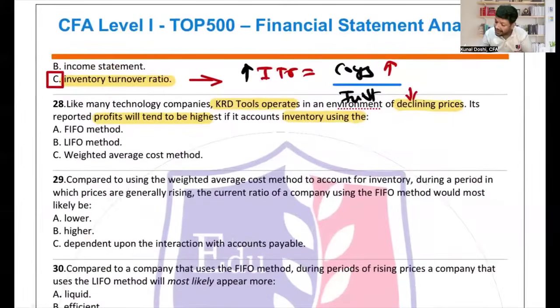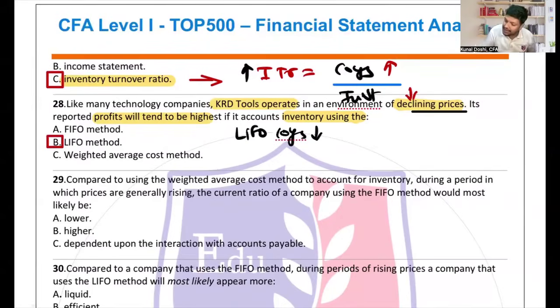So when the prices are rising, LIFO COGS are highest. But here they are saying prices are falling. So first of all, I want to know where on this planet Earth prices are falling. But still, since prices are falling, LIFO COGS will be the lowest, isn't it? So therefore, I can say LIFO profit will be the highest, isn't it?